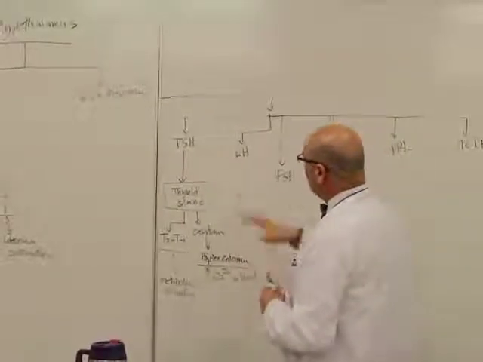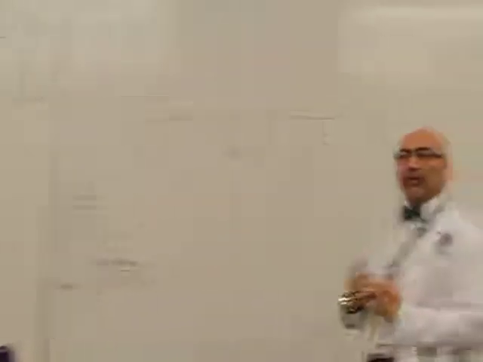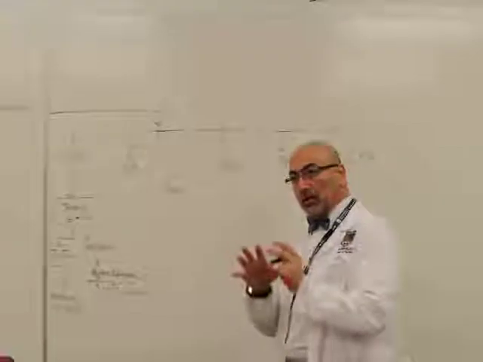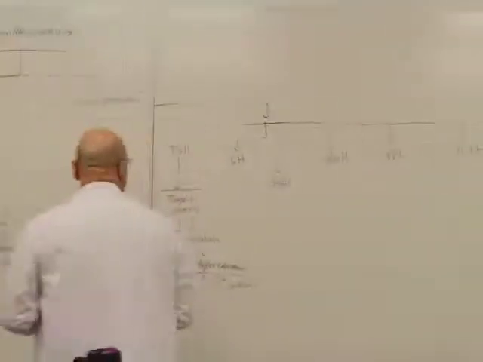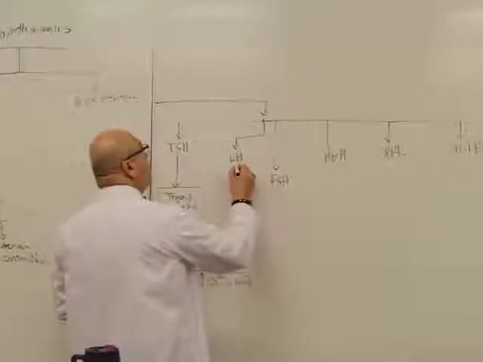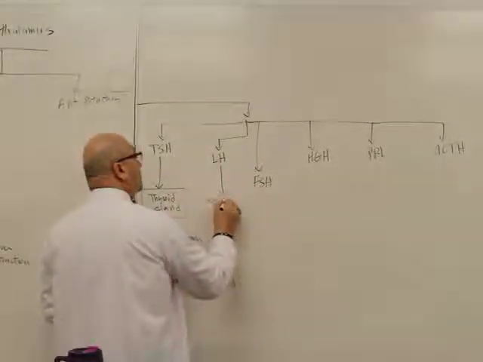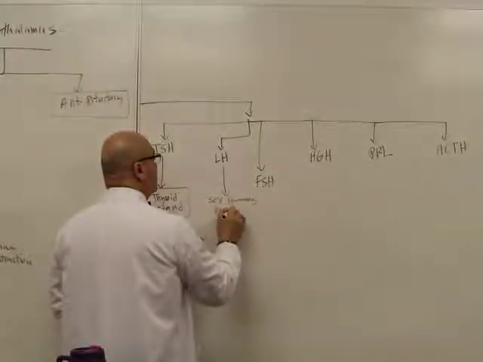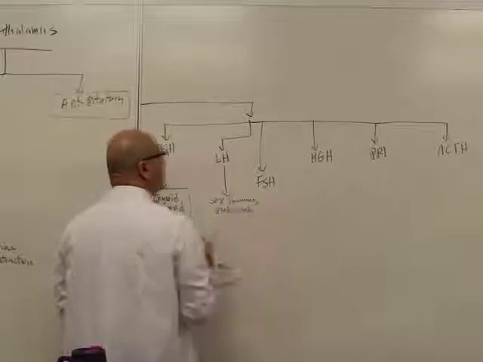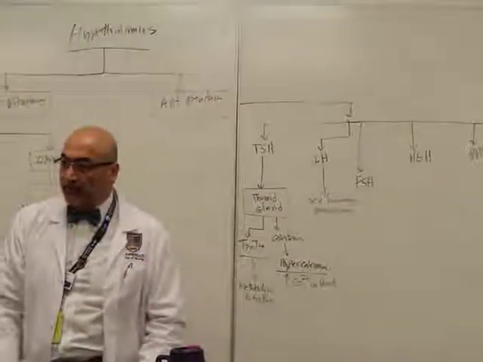And then luteinizing hormone and follicular stimulating hormones, these are hormones more towards targeting reproductive organs. Okay? So we get to see more of sex hormone productions being controlled by luteinizing hormone.